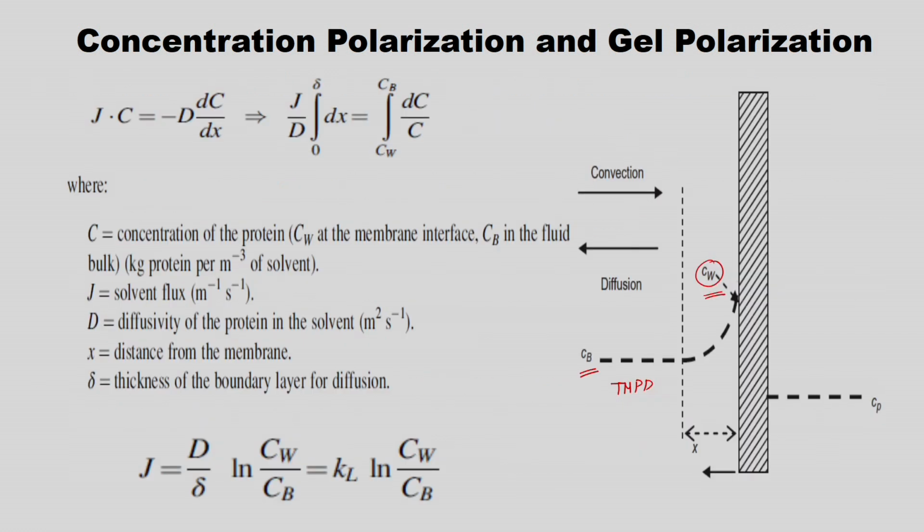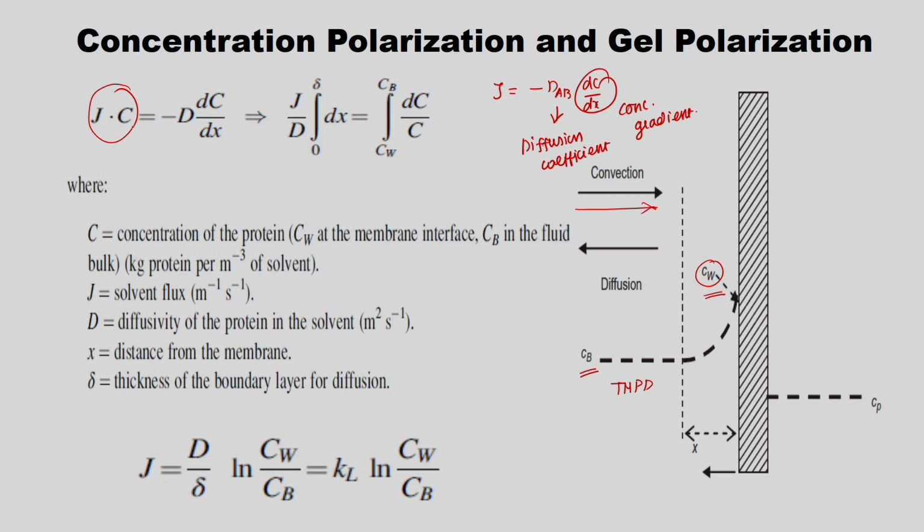Fick's law of diffusion is flux equals minus D_AB dC/dx, where D is the diffusion coefficient and dC/dx is the concentration gradient. Here J times C is the convection process.